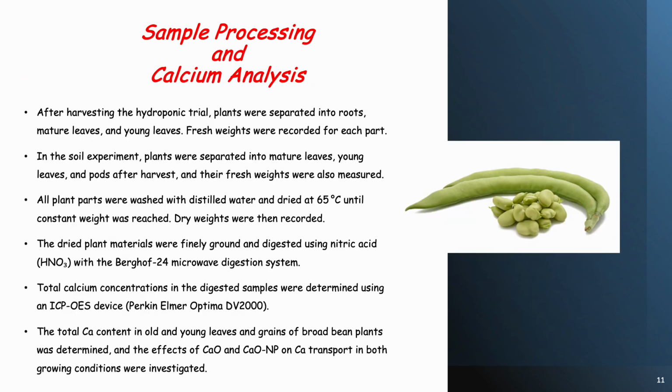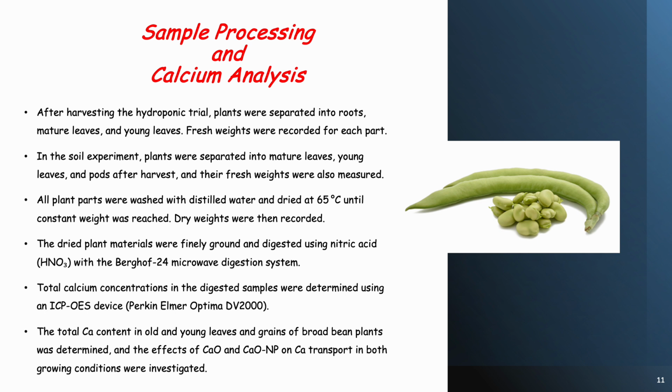After harvesting, I separated the plant materials into different parts: roots, old leaves, and young leaves, depending on the trial type. I first recorded their fresh weight and dried all parts at 65 degrees centigrade until constant weight, and measured their dry weights as well.